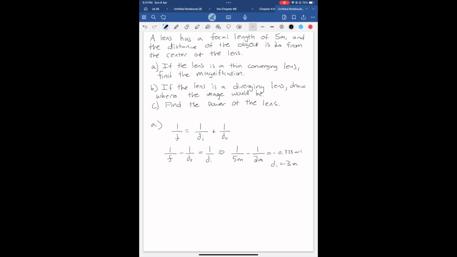Okay, so now we use our equation for magnification. The height of an image over the height of the object, or the negative of the distance of the image from the center over the distance of the object from the center, equals the magnification.